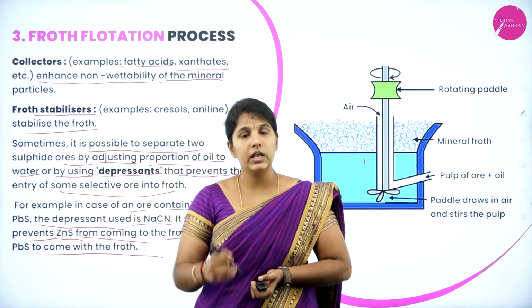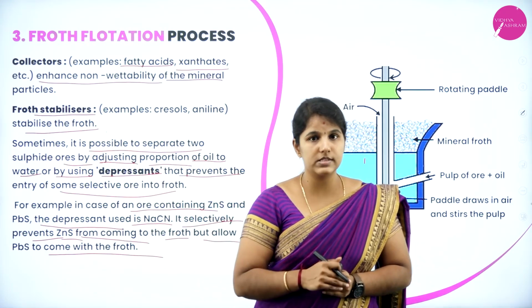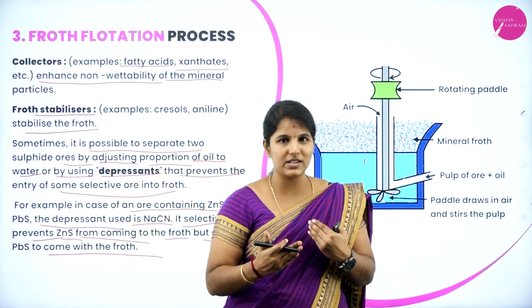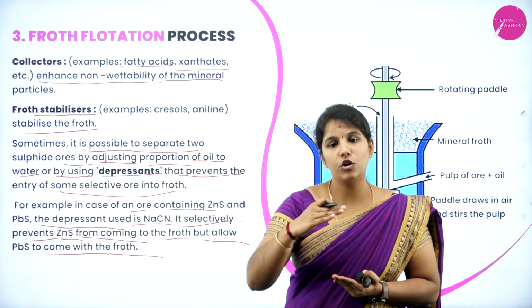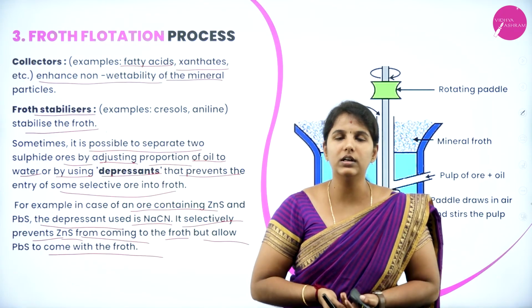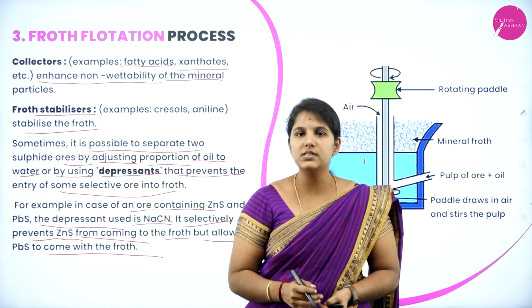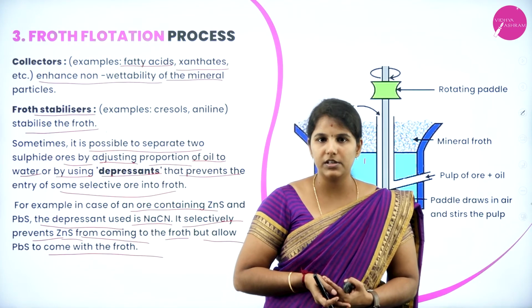This is how, even if your ore consists of two sulfides, they can be separated by using a depressant. When you use the depressant, one ore goes into the froth and the other ore is retained in the container itself. Like this, if two sulfide ores are present, we can easily separate them.